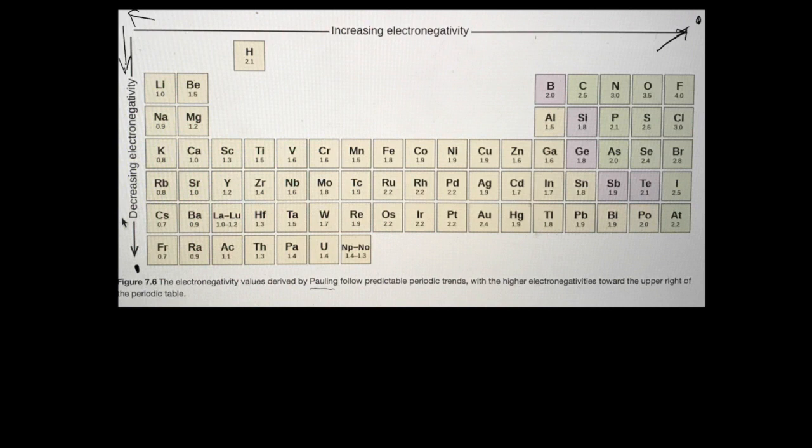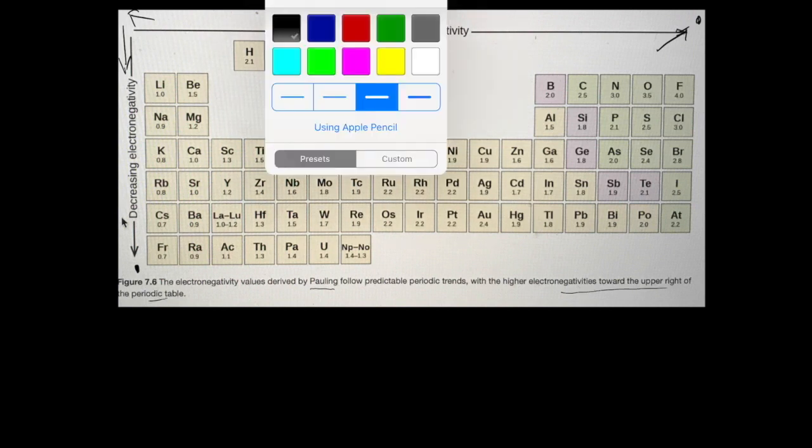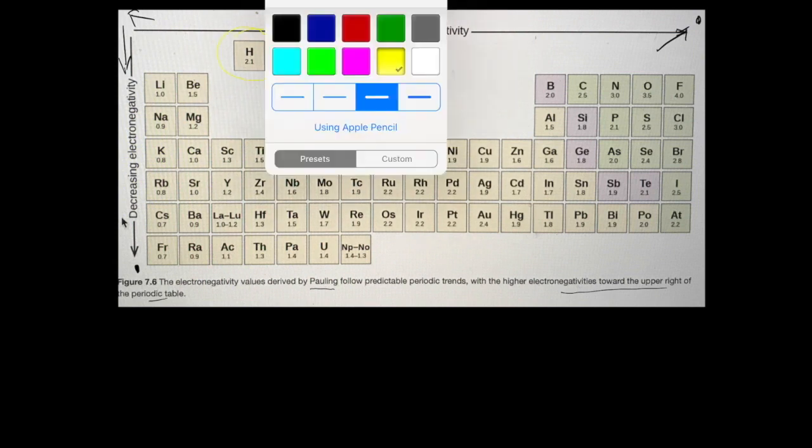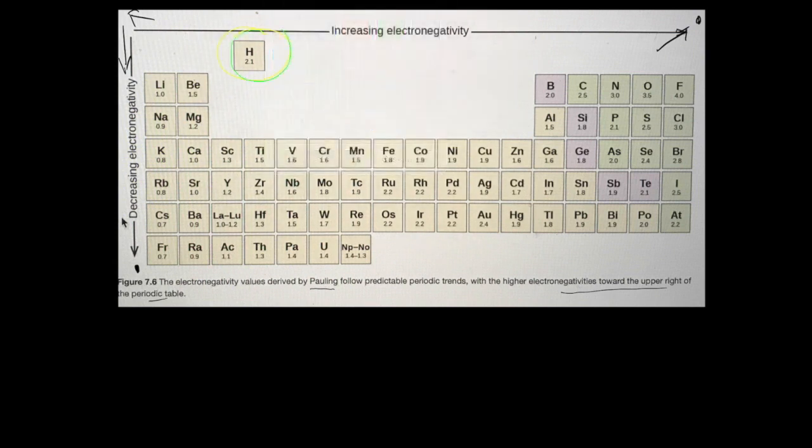And then the higher electronegativity are upper right of the periodic table. So what does that mean? It means that if you have, and here's hydrogen, okay? So let me switch to green, I guess. Here's hydrogen, and here's chlorine, okay? So hydrogen has an electronegativity of 2.1. Think of that as the strength of pull on a bond, okay? And this is a line, think of that as a rope.